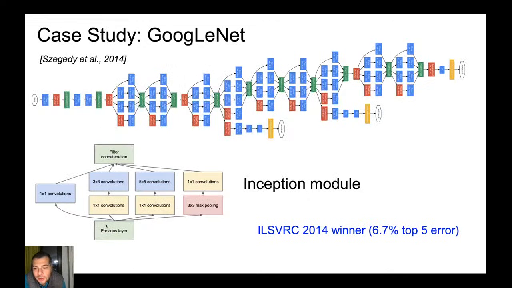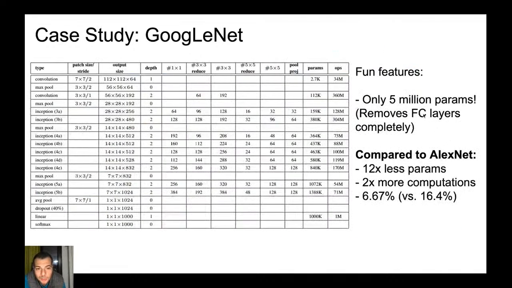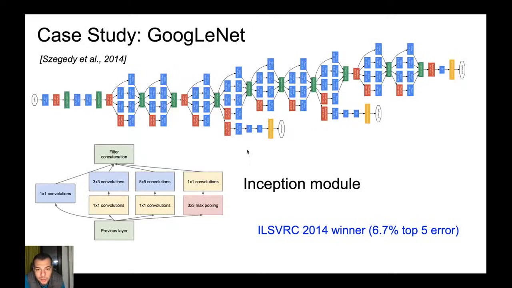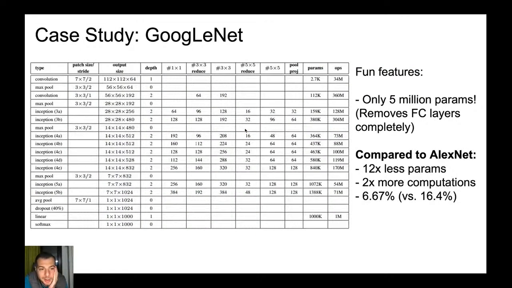They used this configuration in order to reduce the number of weights while increasing the number of layers. And they also use this average pooling before the output. This reduces the number of parameters required for the first fully connected layer.